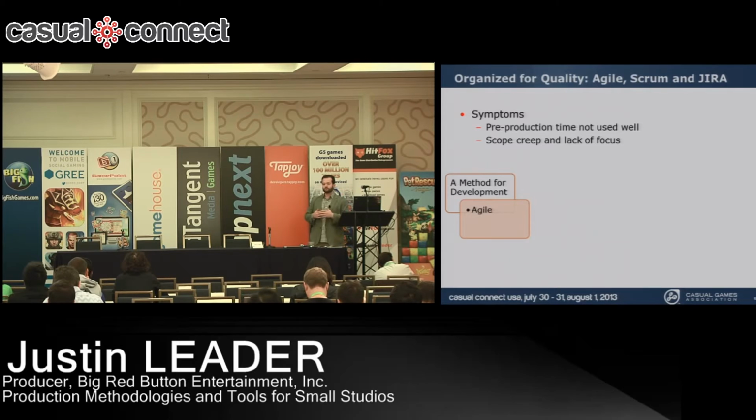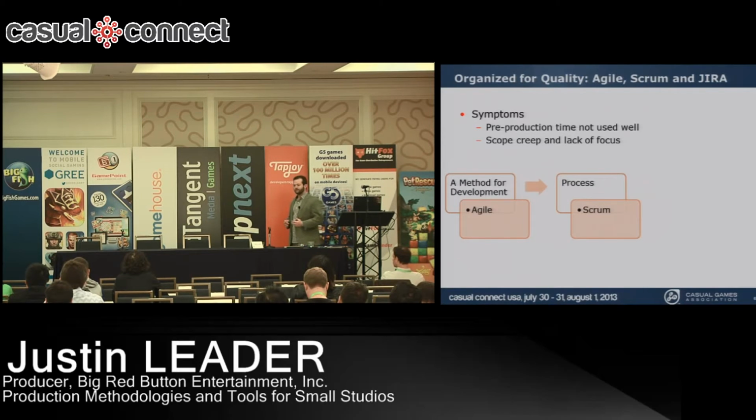Now, there are several different popular ways to become agile, and agile itself is not a process. The process that's most popular now, and certainly by far the most popular in games, is Scrum. Scrum, you've heard, I'm sure, is a set of processes and procedures and guidelines and steps to get to that agile state.